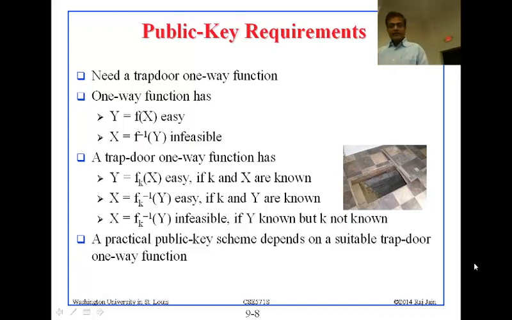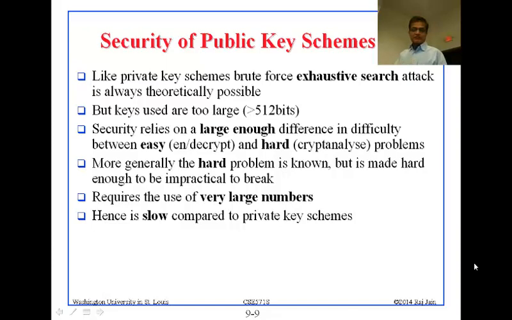Now, of course, you could do exhaustive search, trying all possible keys, but that is kind of not possible today because we use 512 bits, 1024 bits, 2000 bits keys, very large keys. So exhaustive is not even 56 bits. 56 would be too small for public key because the algorithm is very simple. In the private key, you saw that jumbling and shuffling and mixing and so on and so forth.